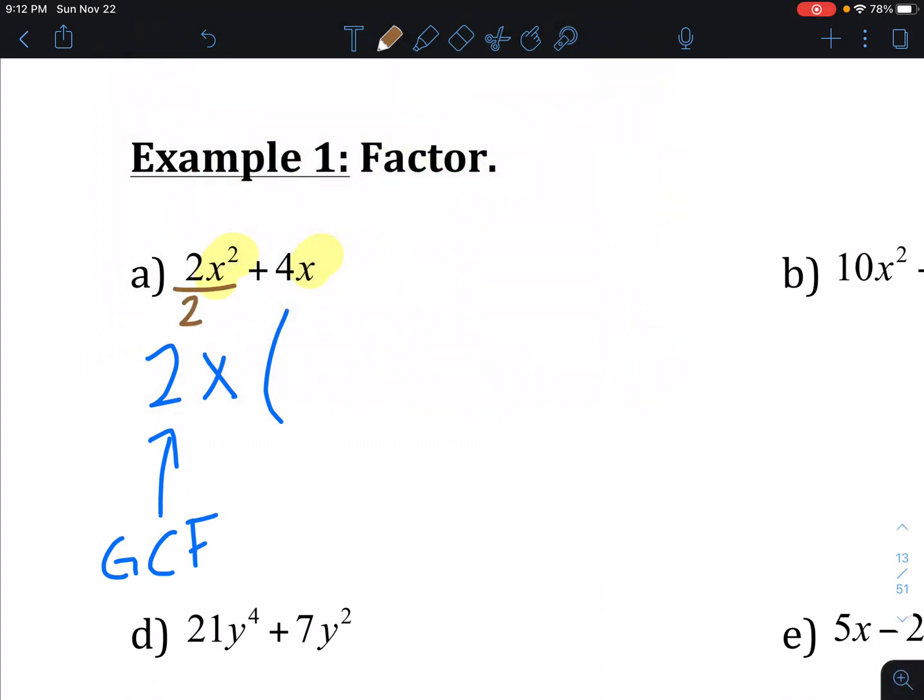So we need to divide by our GCF. We're dividing by what we just took out. That's what factoring is. It's dividing into smaller parts. So 2x squared divided by 2x would be 1x. Remember, you subtract exponents. And then plus 4x divided by 2x, the x's cancel, and that would be 2.